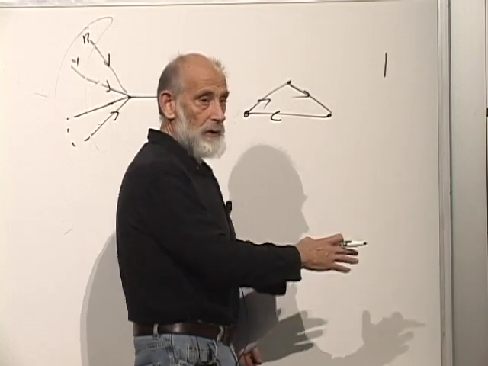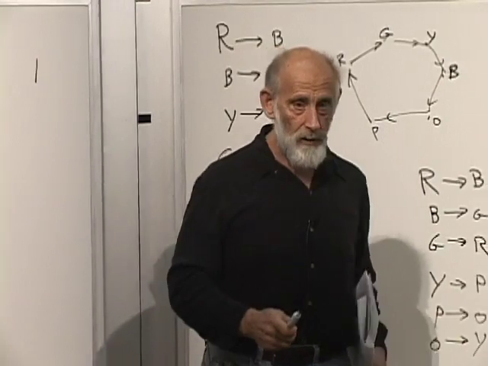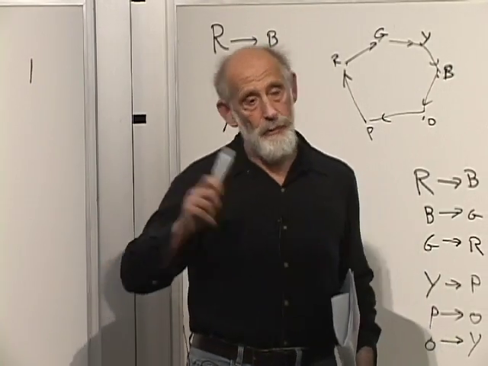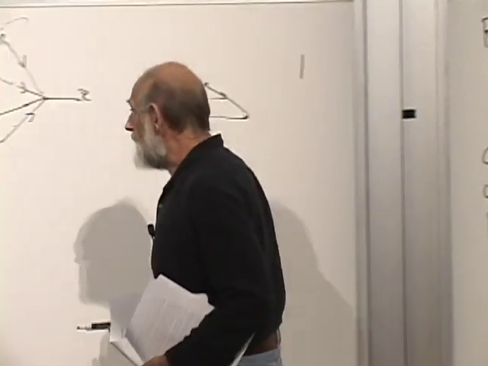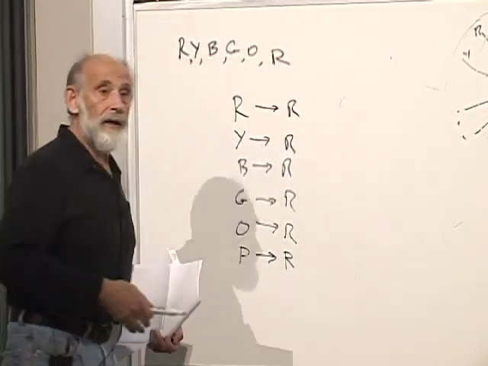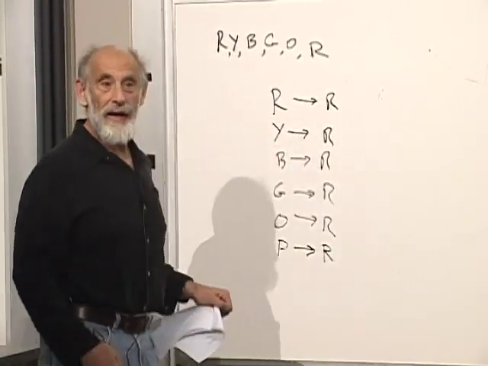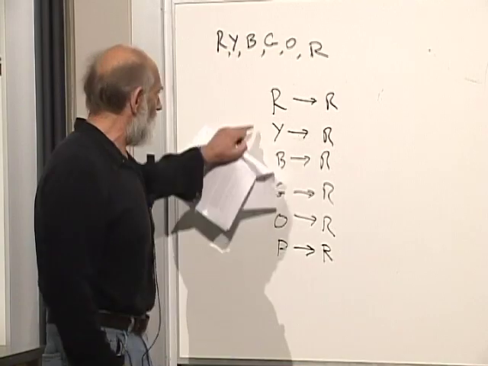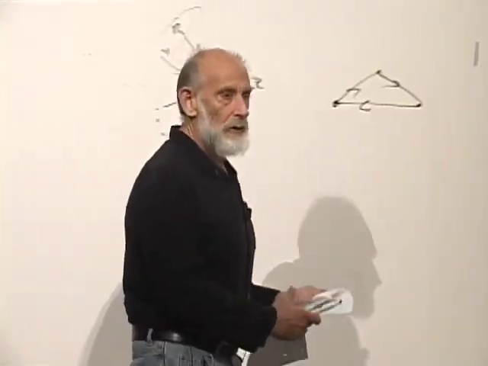That's the characteristic of a system which conserves distinctions. If you know where you are, you not only know where you're going to be next, but you know where you were last. Now, in this case, if you know you're at red, you can ask, where am I going next? The answer is red. Where did I come from? Beats me. No way to tell.